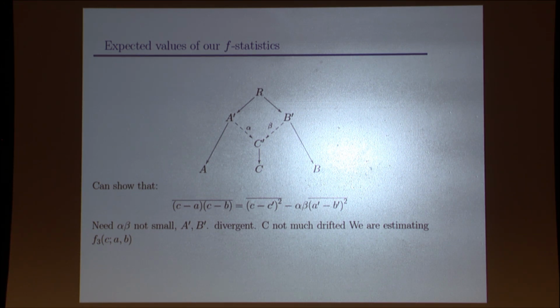And then there's the interesting term, alpha beta, the product, where beta is 1 minus alpha, of course. It's alpha beta times an F2 statistic between A prime and B prime.